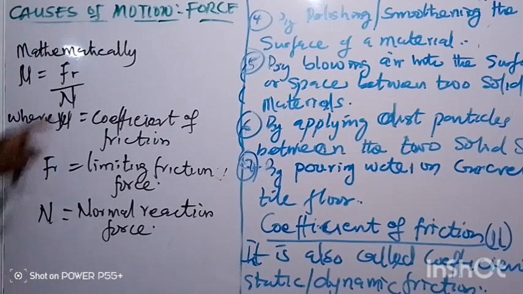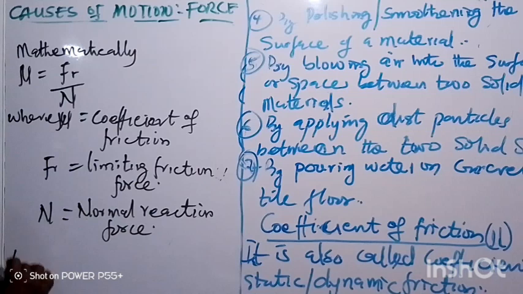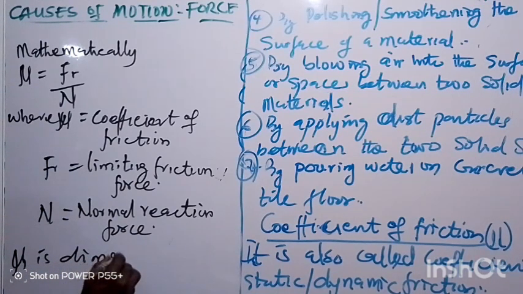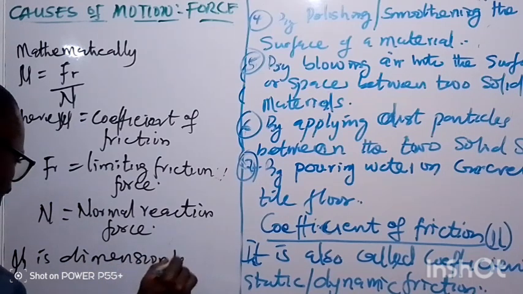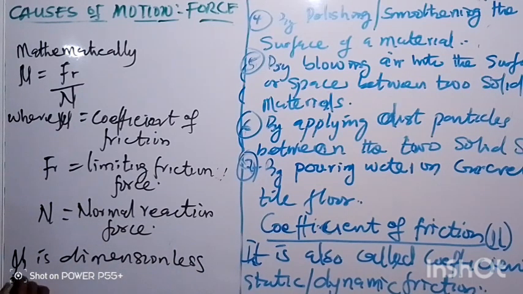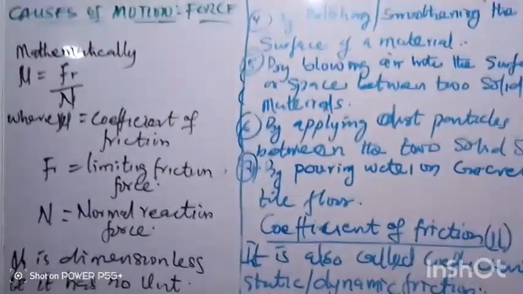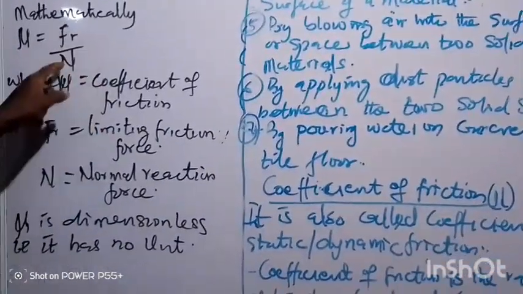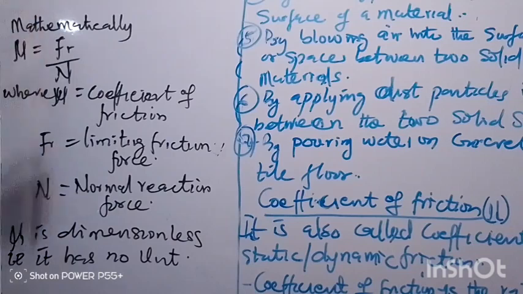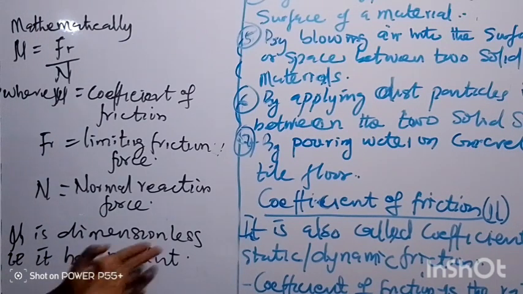So we can now say coefficient of static friction, mu, is dimensionless, which means it has no unit. If this one is Newton, this one is Newton, because both are forces, so Newton will cancel Newton. So coefficient of friction as a quantity is a dimensionless quantity, that is, it has no unit of measurement.